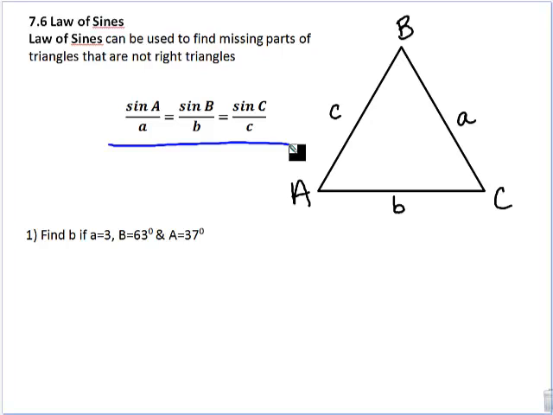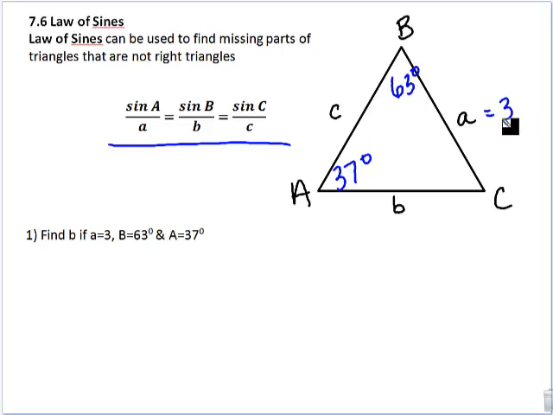Find b. If little a is equal to 3, angle B is 63 degrees, and angle A is 37 degrees. So we're going to label: angle B is 63 degrees, angle A is 37 degrees, and side a is 3.